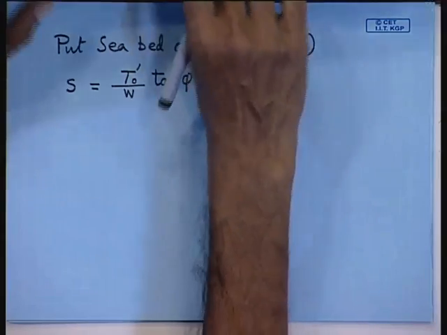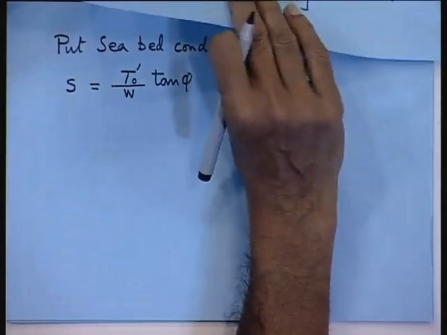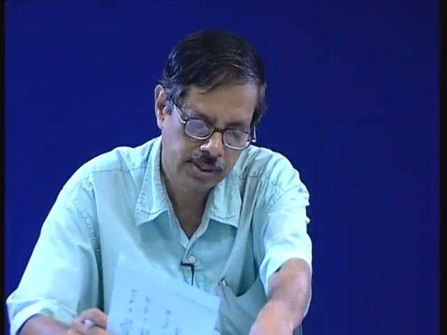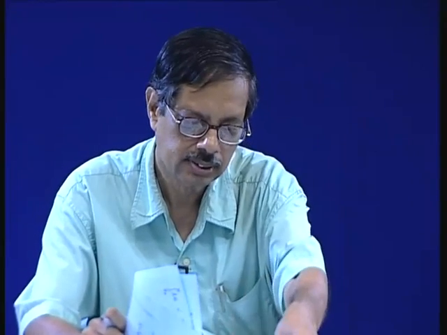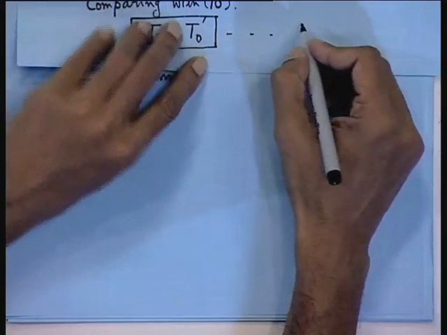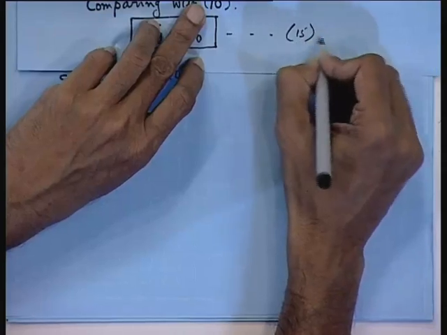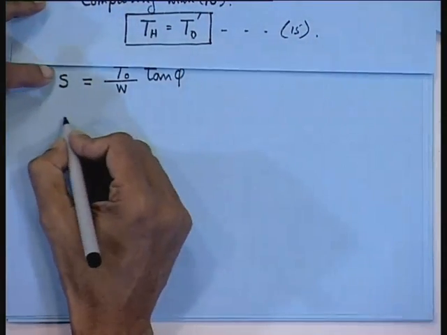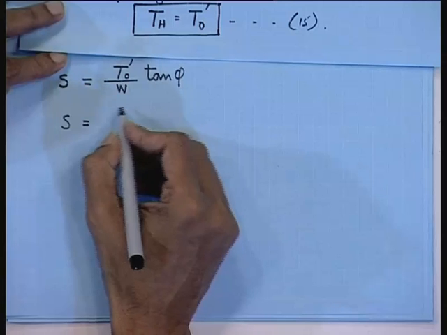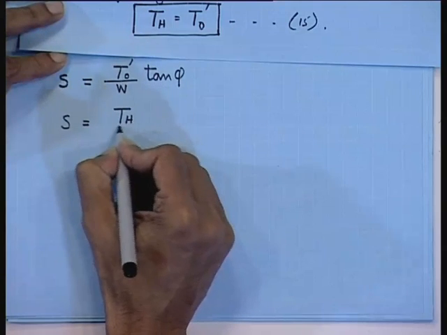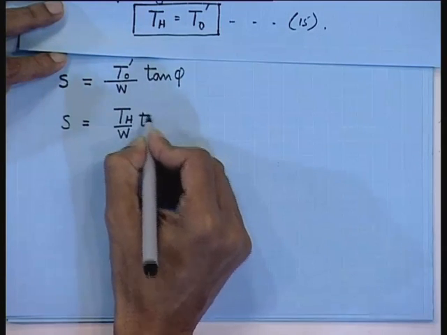Now we have found T prime naught; what was our expression for T prime naught? We have derived that it is equal to TH. So you substitute that. Say from 15, S becomes equal to TH over W multiplied by tan phi.